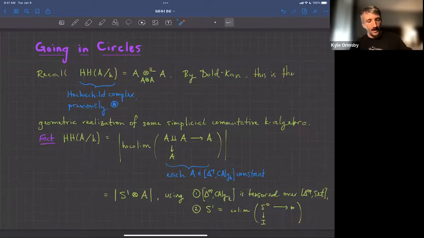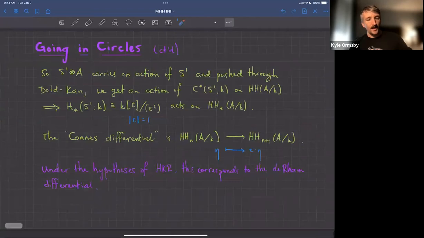It turns out that this is the geometric realization of S1 tensor A. Here we're using that simplicial commutative K algebras are tensored in simplicial sets. And we can realize the circle by taking a little interval, looking at each of its endpoints, and in this diagram, gluing those endpoints together in order to get a circle. Okay, so here's this nice copy of S1 showing up.